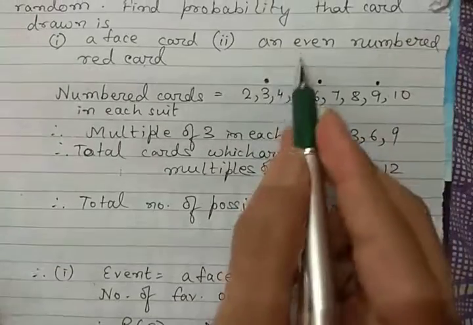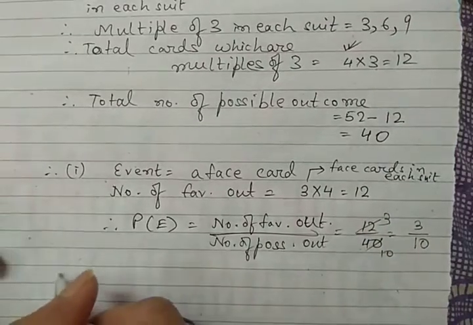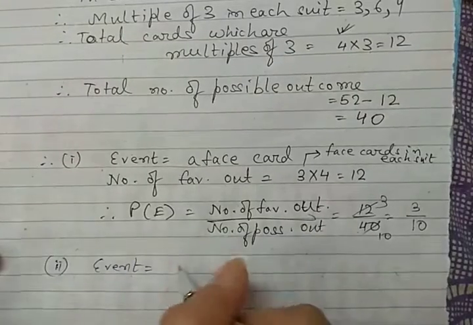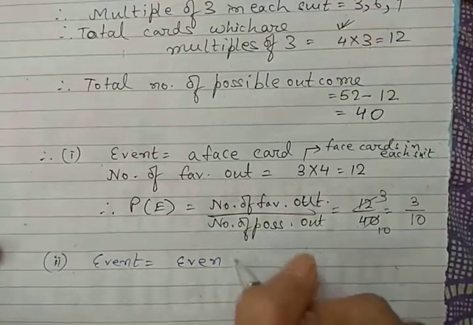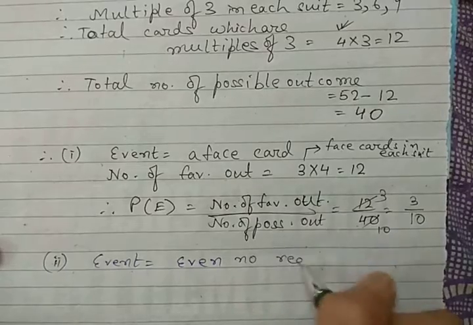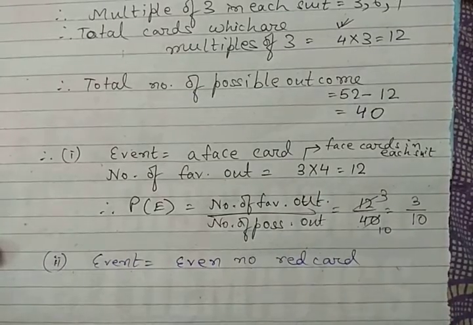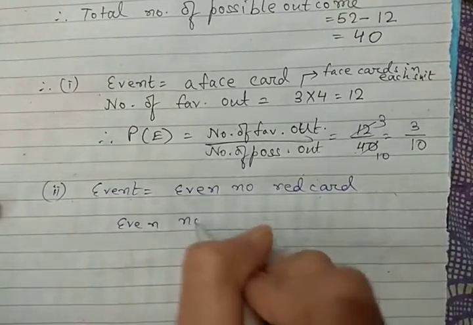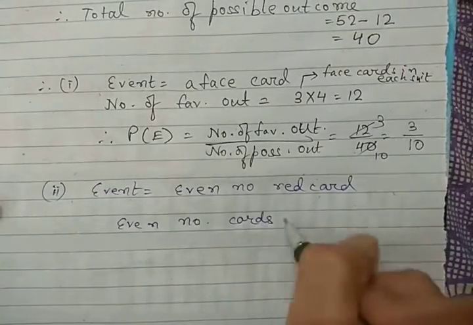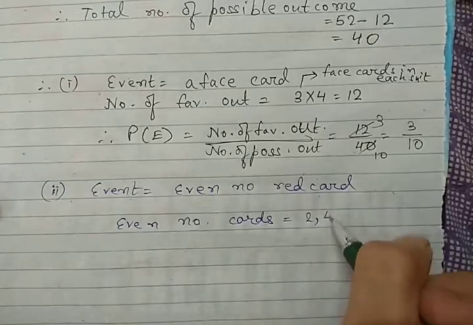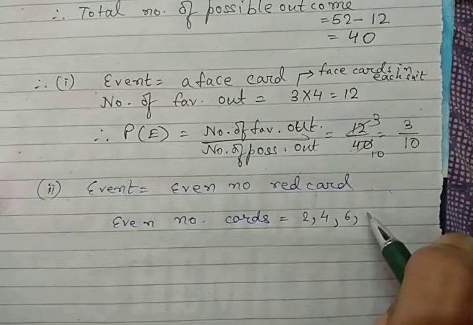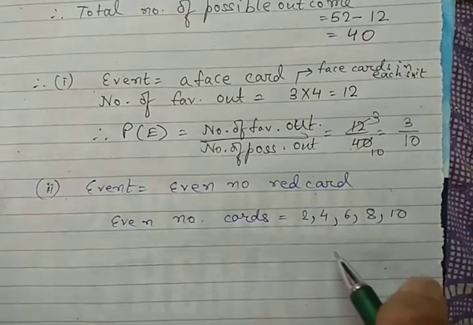So the second part is asking for an even numbered red card. So let us find the probability of an even numbered red card. So the event is an even numbered red card. So even number cards are 2, 4, 6, 8 and 10, isn't it?